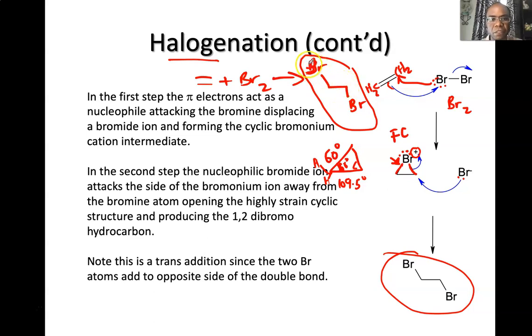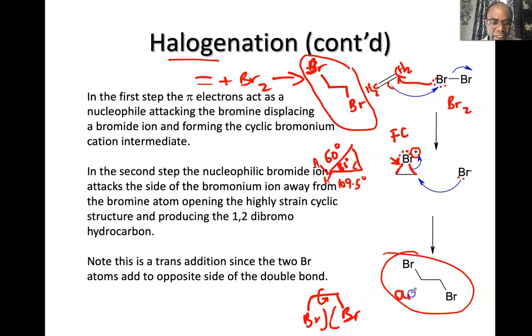And notice that I drew my product up and down, up and down. They will always be like that and not the other way around. This is the geometric isomer. The bromines are big. If you draw the one that has bromine on the same side, they're going to be sterically hindered or crowded, and this will be unstable. The molecule will immediately do the rotation because that's a single bond to give you that.